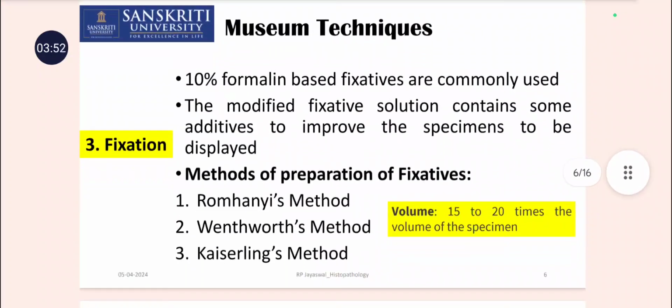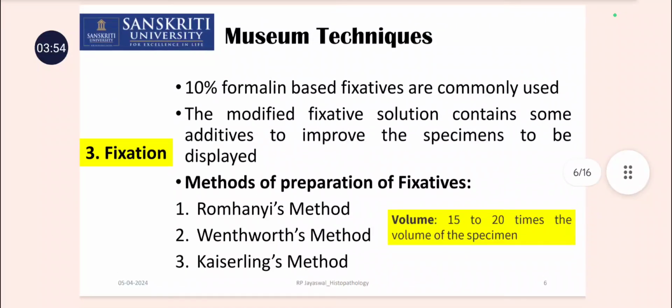Now the third step is fixation. This is a very important part, because if you do not choose a proper fixative, then the specimen may not be preserved and it will start necrosis. Formalin-based fixatives are most commonly used.